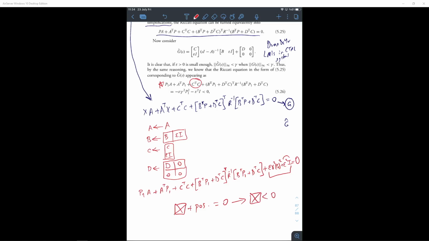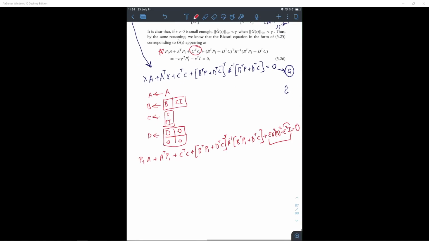This is the very advanced explanation here, and so P1 times A transpose P1 plus C transpose C plus (B transpose P1 plus D transpose C) transpose R inverse (B transpose P1 plus D transpose C) is less than 0.